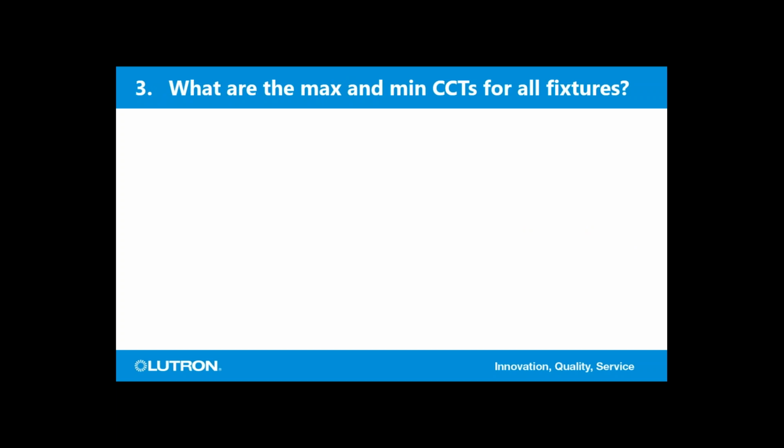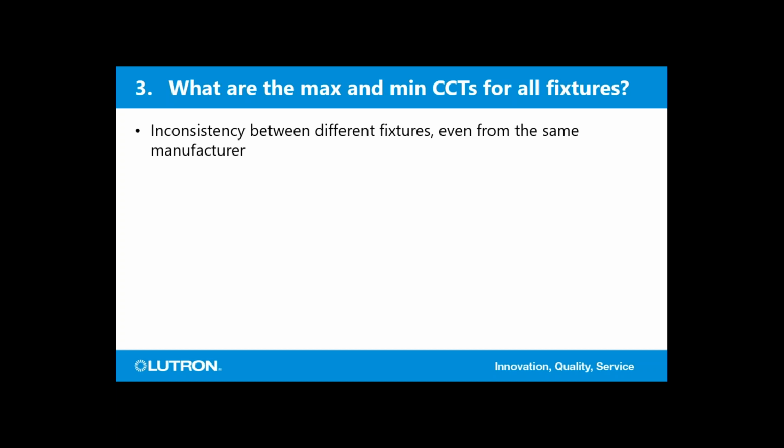So a third question that you want to ask is, what are the max and min CCTs for all of the fixtures that you're using? If you have a fixture that has a minimum CCT of 2400 and then another one that has a minimum CCT of 3000, you're not going to be able to achieve 2700 throughout the space uniformly because one of those fixtures doesn't have the same range.